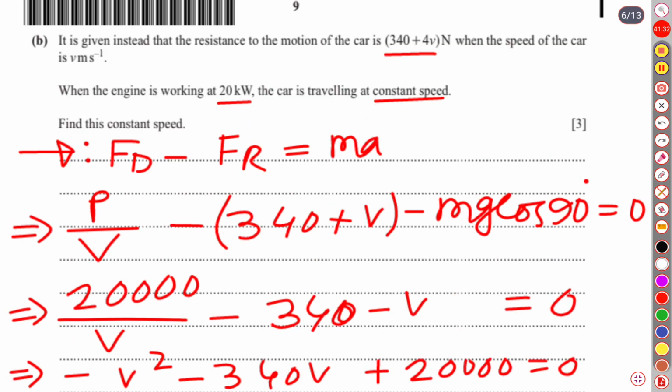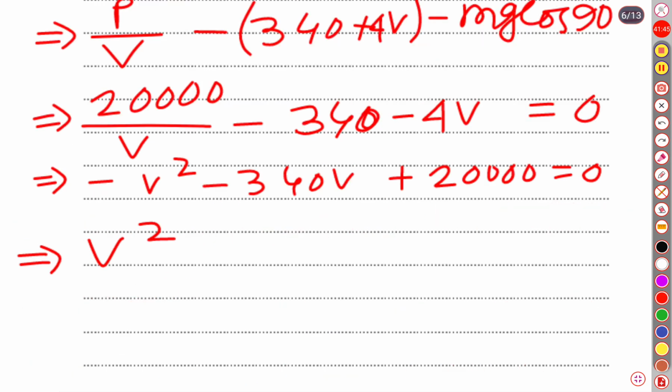It is not 340 plus v, it is actually 340 plus 4v. If it is 4v, then it is going to be negative 4v square. So 4v square divided by negative 4, if we dissolve every quantity, it is going to be plus 85v, and minus, if we divide 20,000 by 4, 5,000.